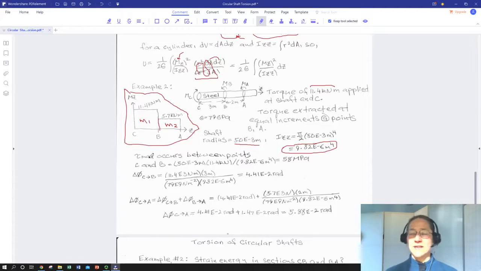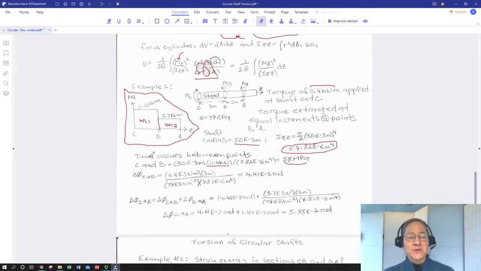Remember, our tau max is going to be out on the outer radius of the shaft, and it's going to occur where we've got a max in applied moment, which is between C and B. So we use our pre-derived expression for tau max, our R max times our applied moment divided by our moment of inertia, and we get 58 megapascals, which is probably well below the shear yield of most materials, definitely steel, but that's something you can check, to see what kind of safety factor you need.